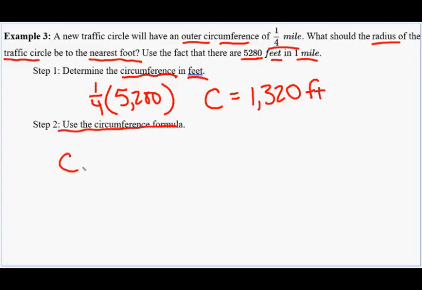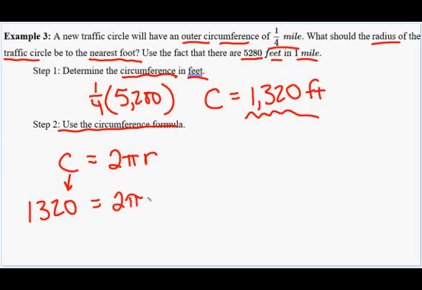Now, step 2, use the circumference formula. Circumference is equal to 2 times pi times the radius. And we just found our circumference here. Circumference is 1,320 feet, and that's equal to 2 times pi times the radius. Again, we're asked to find the radius, so we want to get this r value alone. To do this on the calculator pretty quickly, first let's divide by 2.